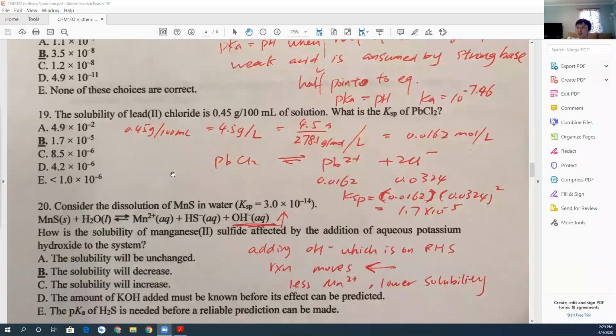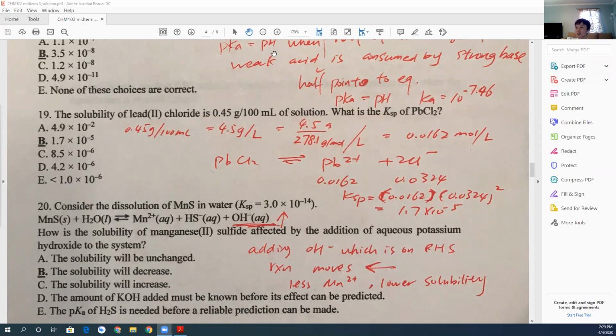Number 19 is related to solubility. The solubility of a salt is basically the amount of this metal cation generated when this salt dissolves. In this case, we have lead chloride, and we want to know the solubility product constant.